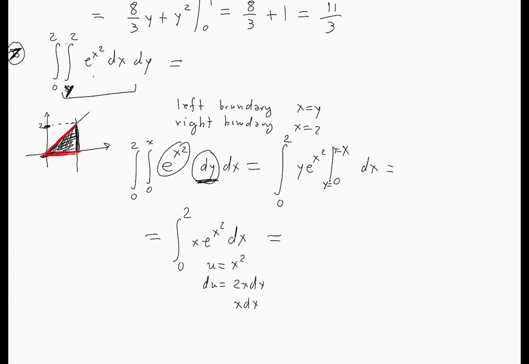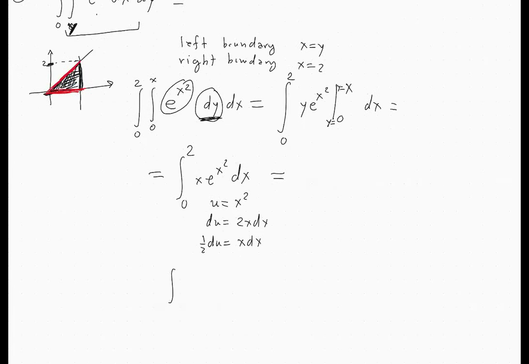And that would give us the integral of 1/2 e to the u du. And now you have to be careful because you have to apply the substitution to the endpoints.